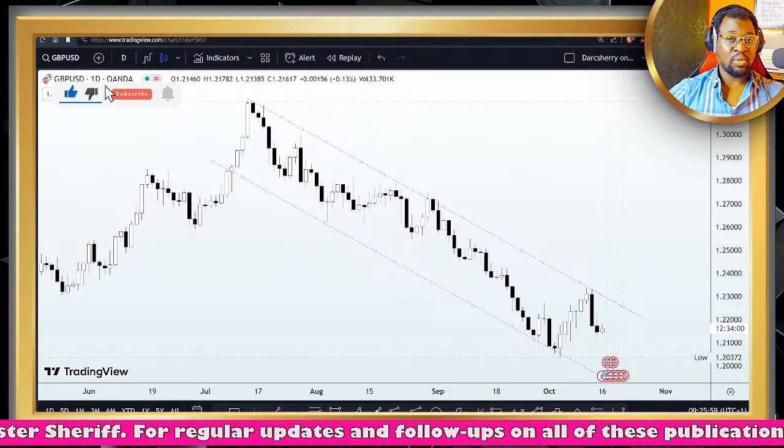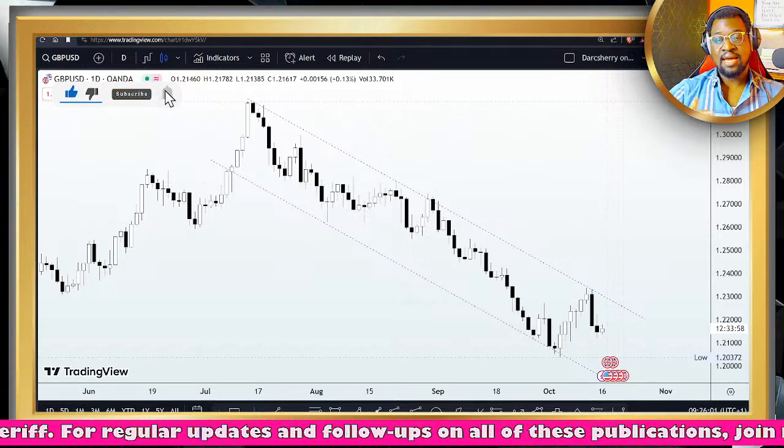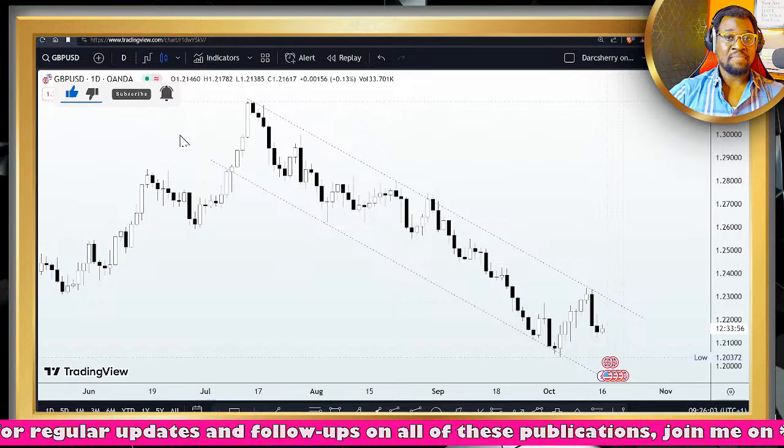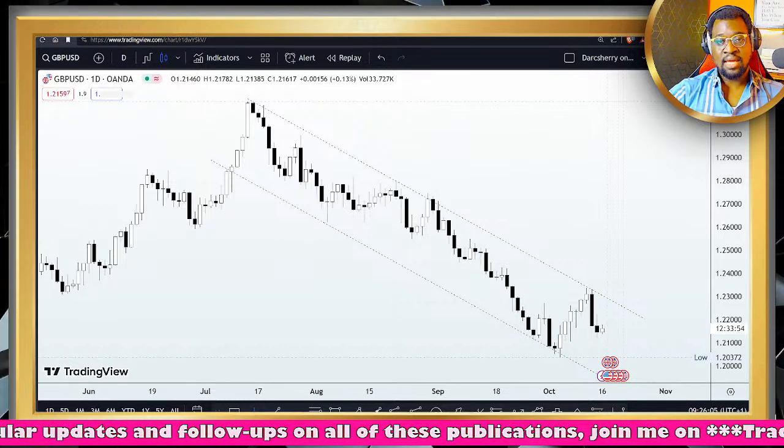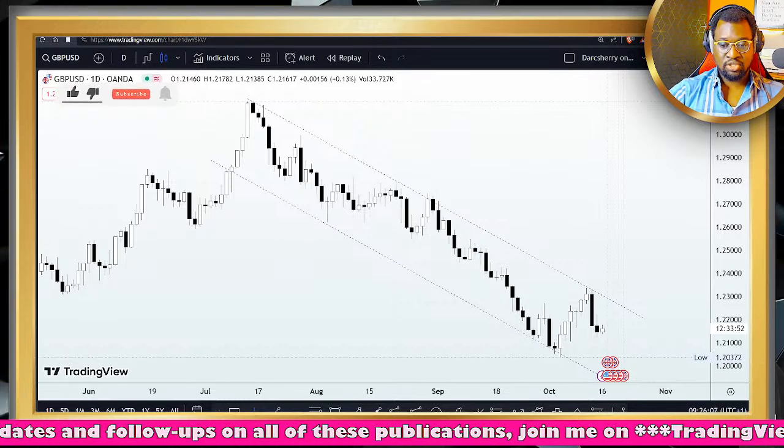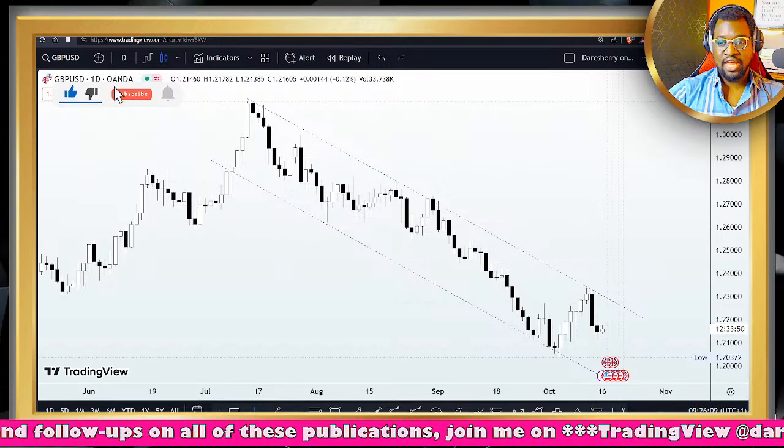So we are going to be looking at that in detail and how we are going to be managing our trades as we get ready for both the London and the New York session today.